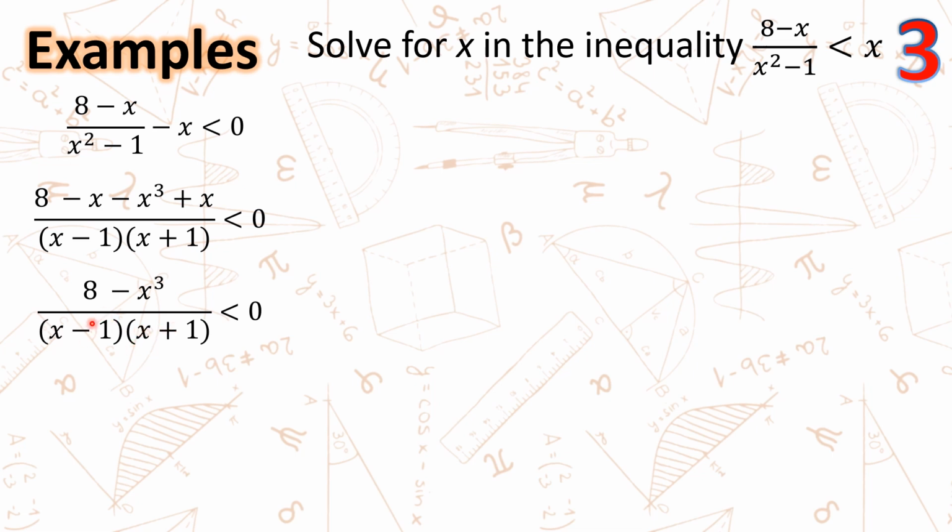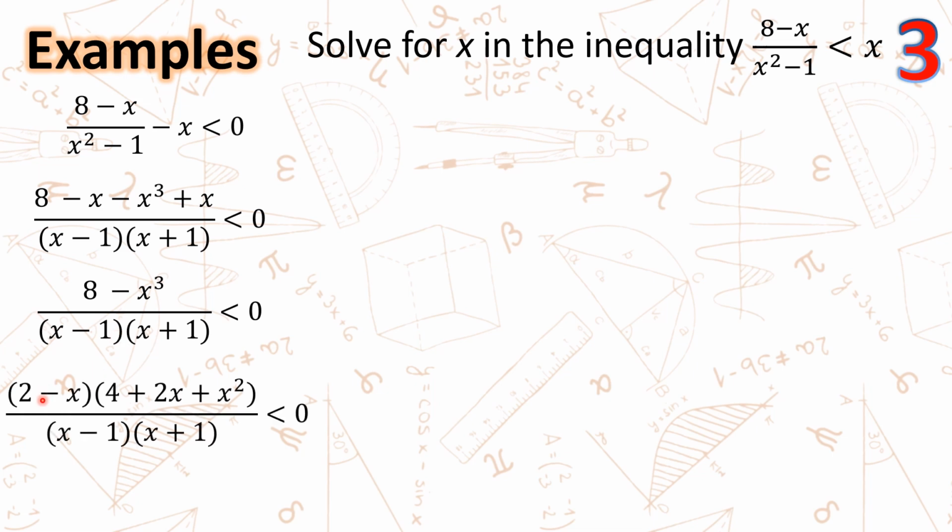The numerator is the difference of 2 cubes, so it can be factored as 2 minus x times 4 plus 2x plus x squared all over x minus 1 times x plus 1 is less than 0. Notice that in the rational expression, 2 will make the rational expression 0. Positive 1 and negative 1 will make the rational expression undefined, so that in the number line we'll have negative 1, 1, and positive 2.